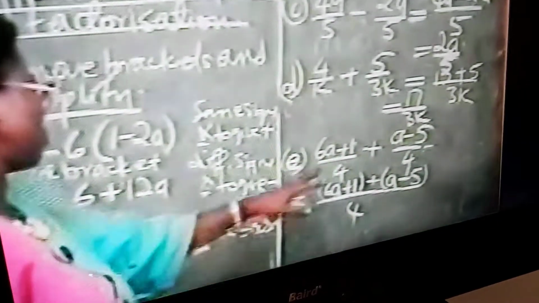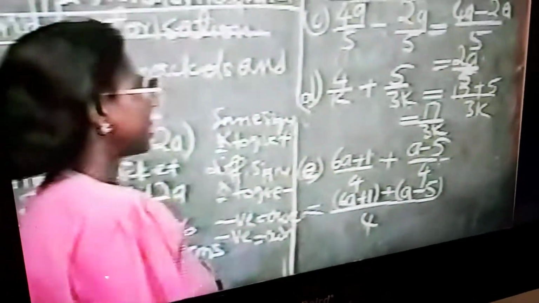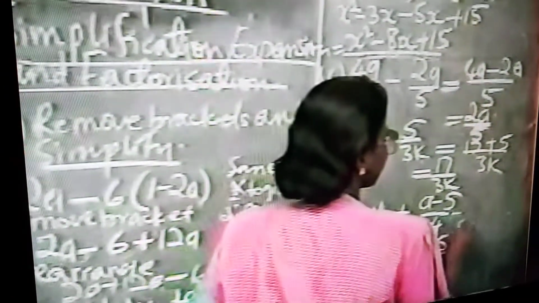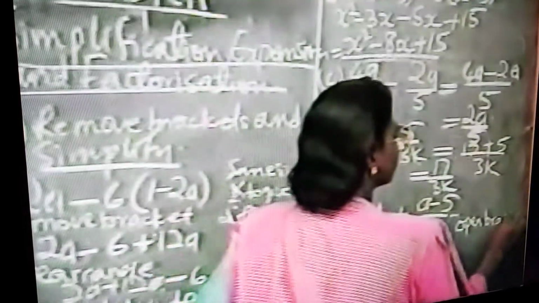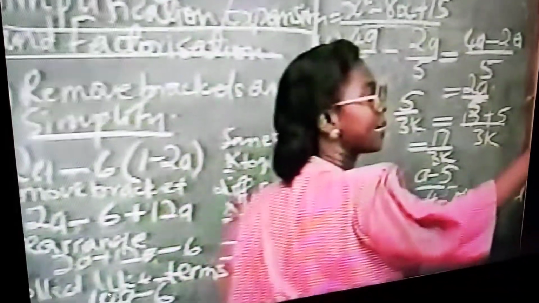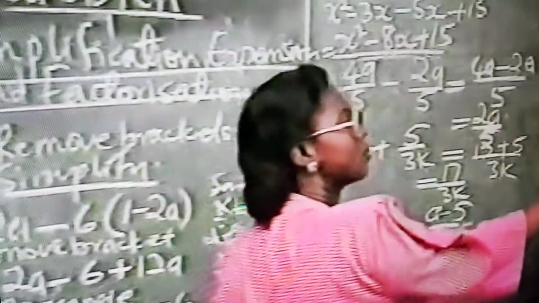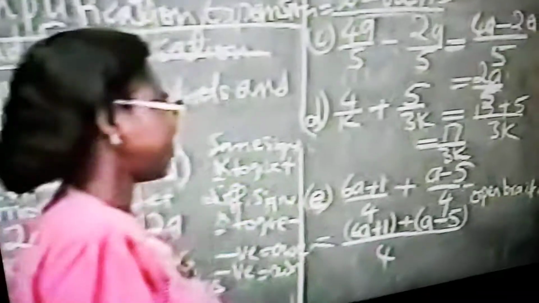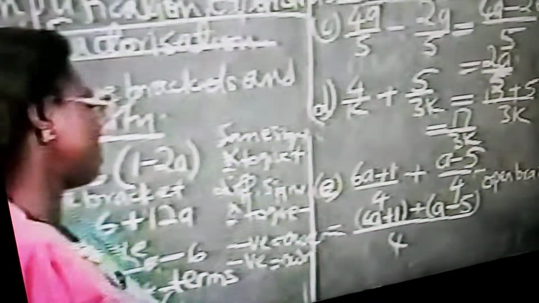That means when you have an expression on top of that, the first step to take is to open brackets. Open bracket, because that is the only way you can see clearly what is your numerator. And the next thing is to now remove the bracket.